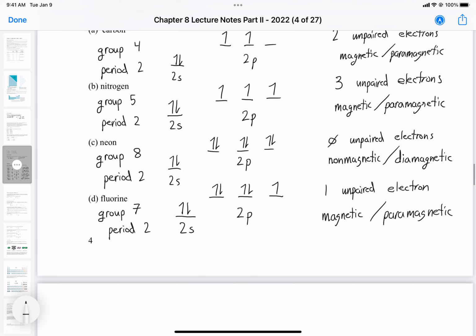So fill empty orbitals of the same type first with 1 electron each. Okay, so that's a general rule we should always consider.